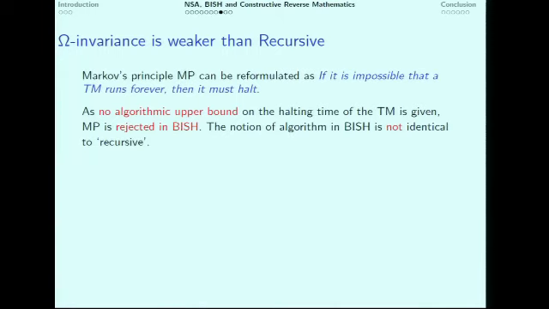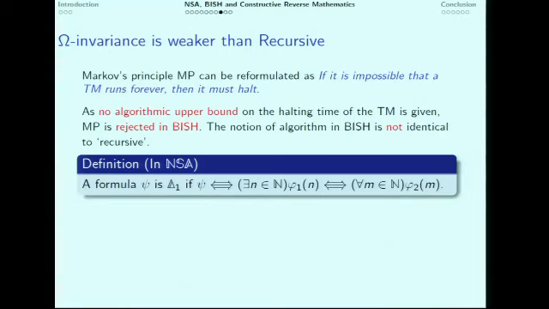It's slightly weaker actually. So in Blackboard NSA, we call a formula Delta 1 if it is hyper-equivalent to a Pi 0 1 and an existential formula.